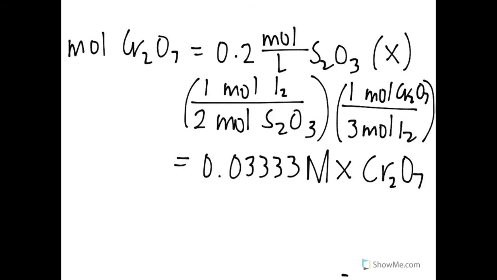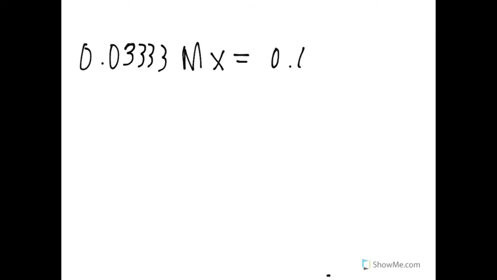Now we equate this to the 0.6835 millimoles of the Cr2O7 to get the volume of the thiosulfate. So 0.03333 molar times the volume is equal to 0.6835 millimoles.